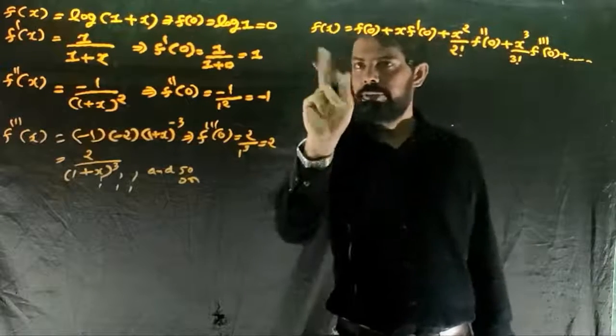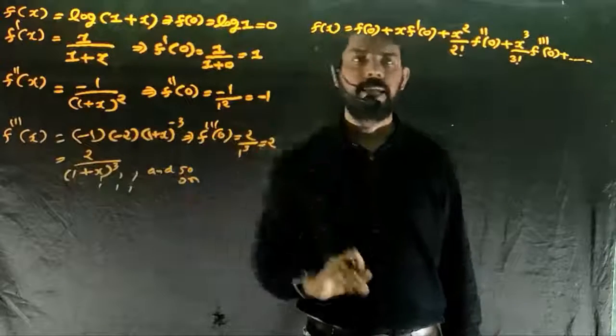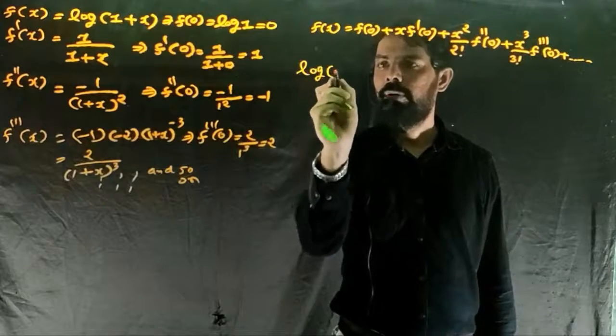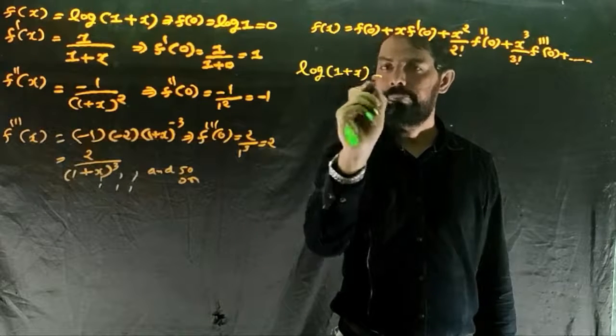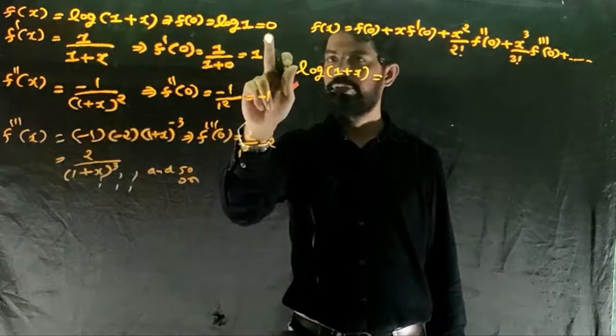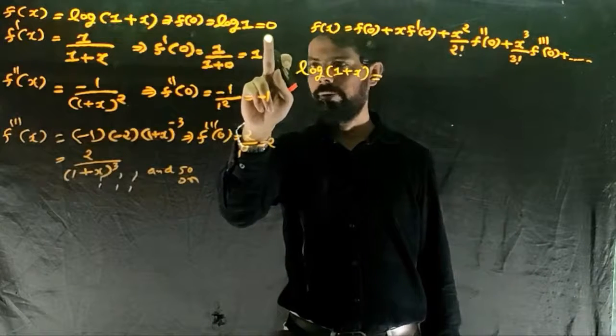So what is f of x? It is log 1 plus x. So here we will write down log 1 plus x. Then value of f of 0 is 0, so no need to write down.